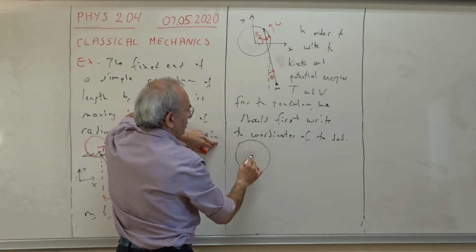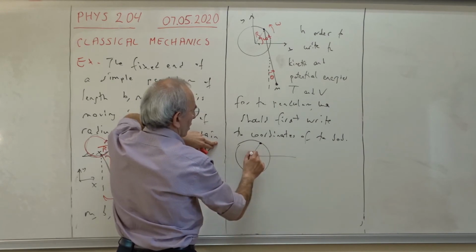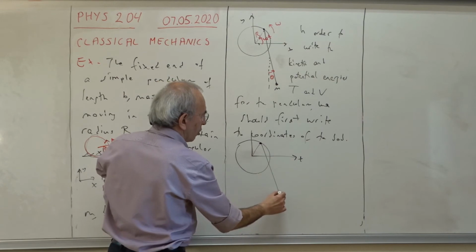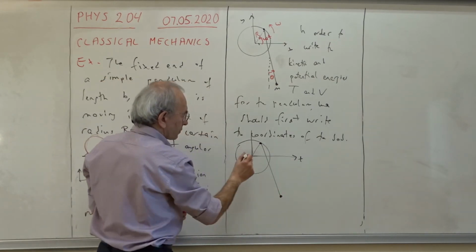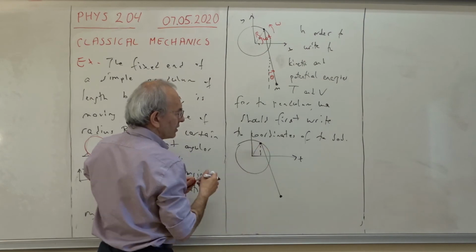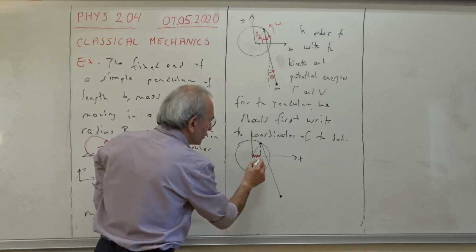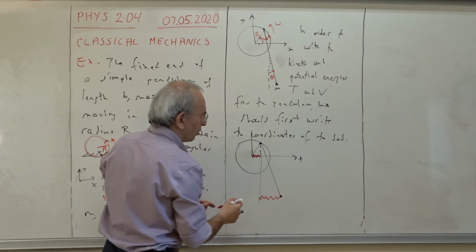For example, that's the radius, and these are the xy coordinates. Okay, so here is the ball. But there are, as you see, two parts. One is this part, the other is this part for the x coordinate.